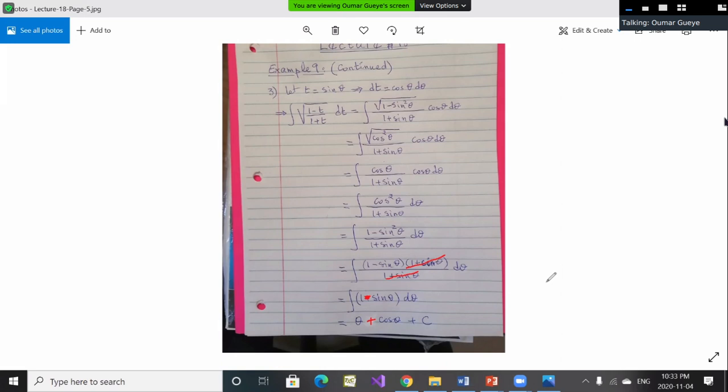Now to conclude, we're going to use the back substitution. But at the beginning, you guys can see here, I'm going to isolate my theta. So I have here t is equal to sine theta.